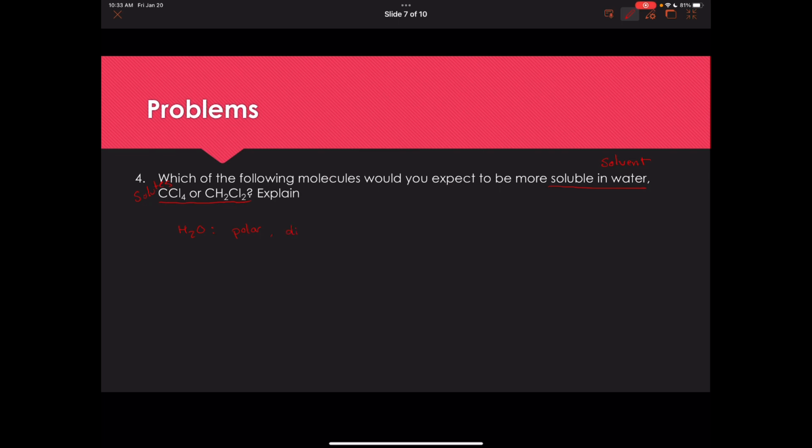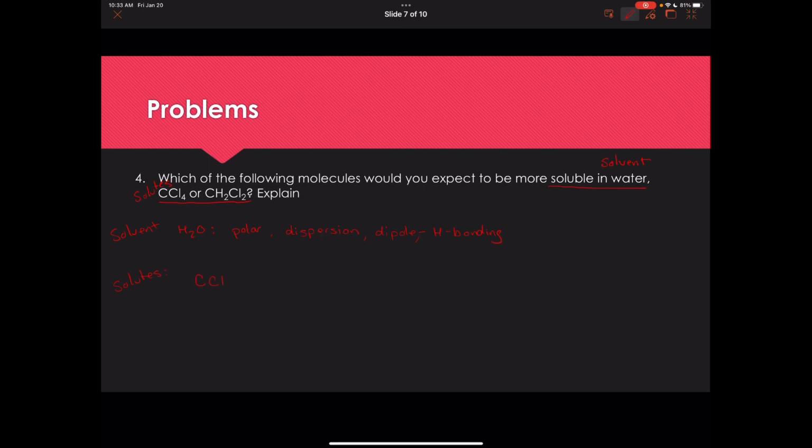So it has dispersion, it has dipole-dipole, and it has hydrogen bonding. So that's my solvent.